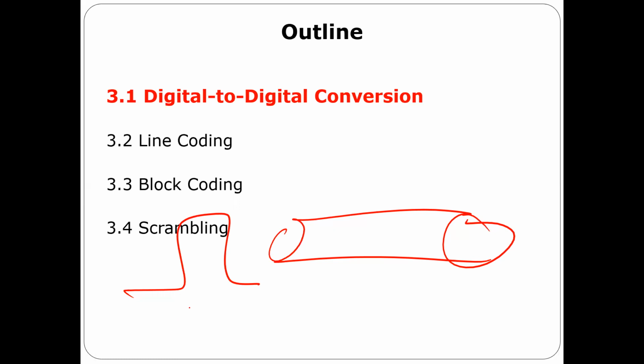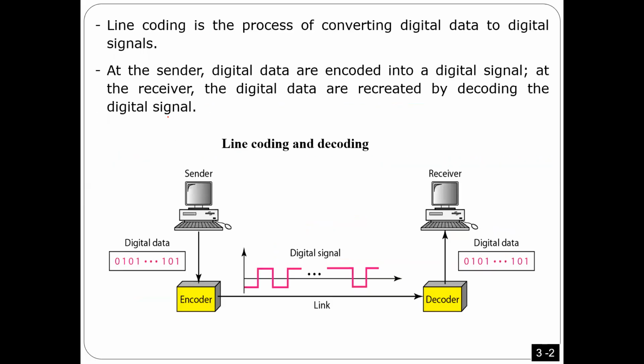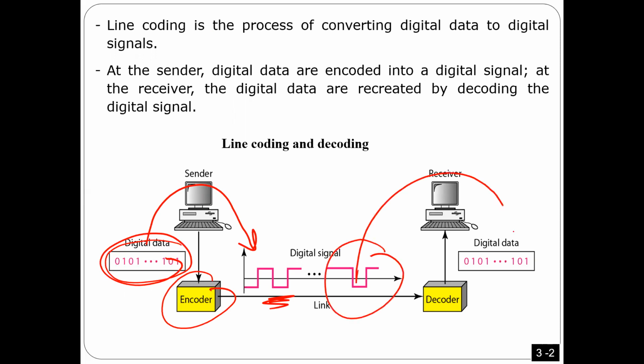And then I have two different line coding schemes. And simply, what is line coding? Given some binary data, I have to generate a signal, a voltage. And then the decoder has to do the opposite: given a signal, I have to extract the binary data from the signal.